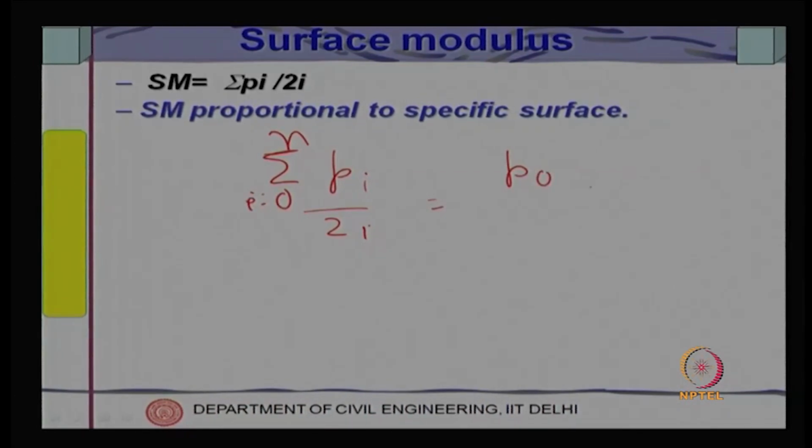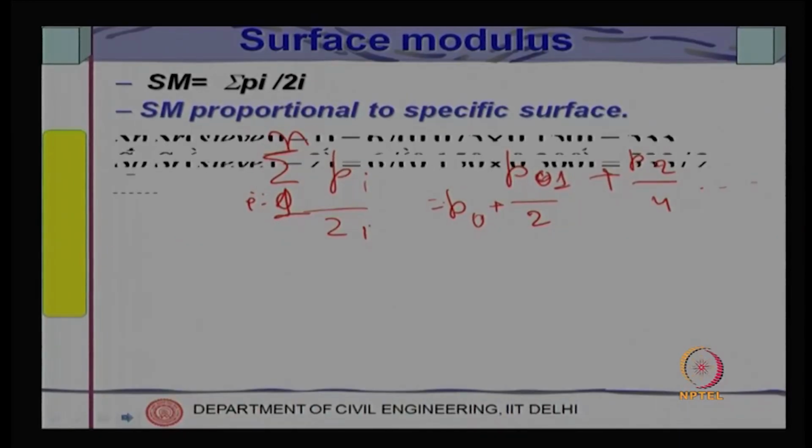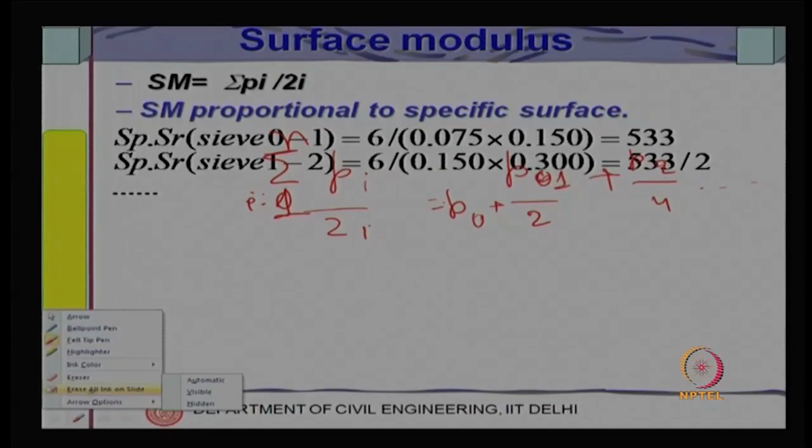The first one will be p0, but this will not be valid, so it should go from p1. So the first one is p1 plus p1 by 2, and p0 comes otherwise, divided by 2^0. If you put 0, then of course it will be infinity, not defined, then p1 plus p2 by 4, etcetera. So, let us generalize it in this manner. The surface modulus, multiplied by d0, will give us the total surface area.